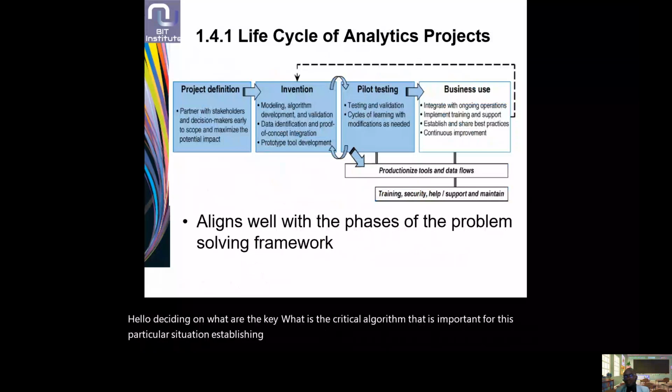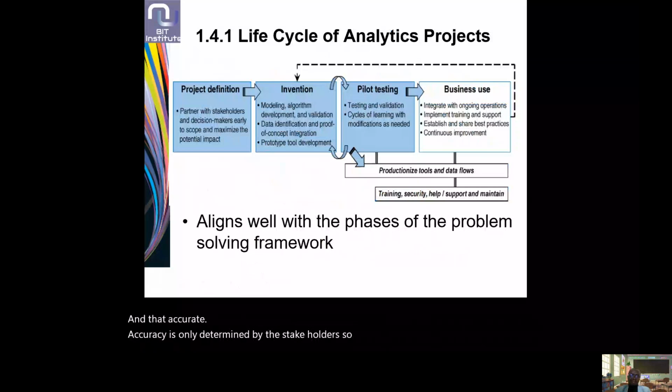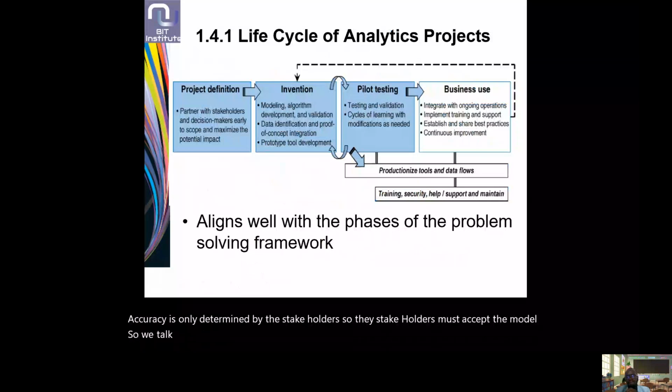Remember I talked about validity having to do with the model accurately representing reality. And that accuracy is only determined by the stakeholders. So the stakeholders must accept the model. So we talk about validation as a key aspect of the invention stage.